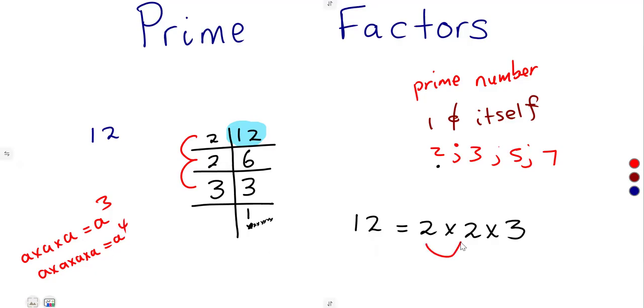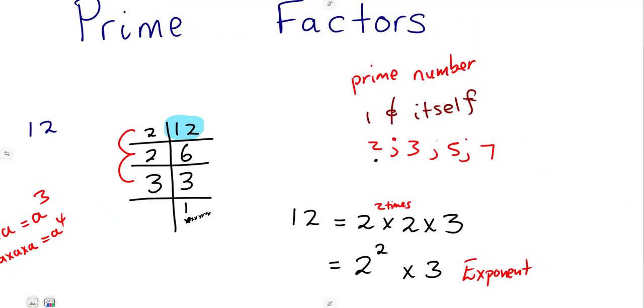So 2 times 2 is 2 multiplying itself 2 times. It can be written in exponent form as 2 to the exponent of 2 times 3. This is referred to as the exponent form.